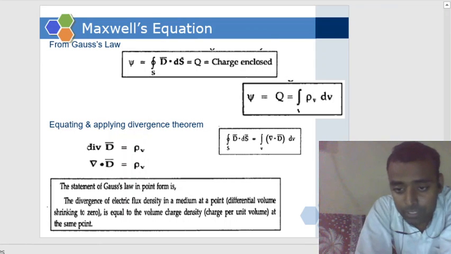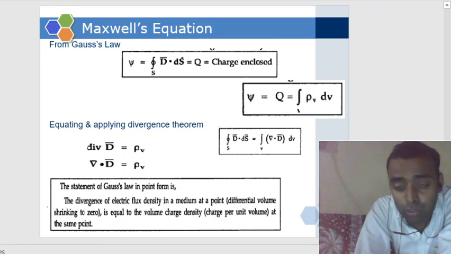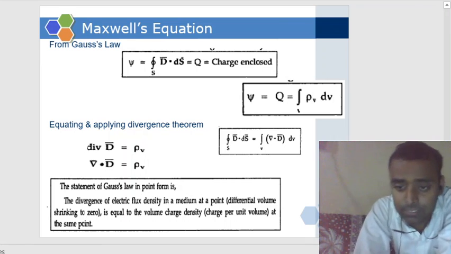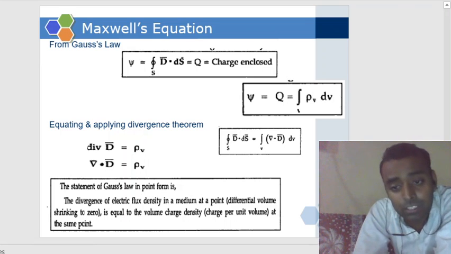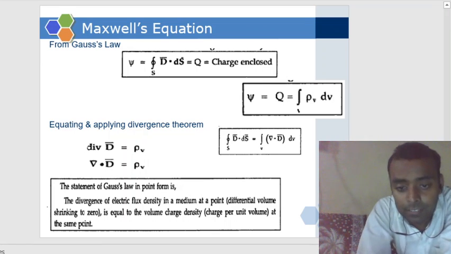So coming back to this, what we will get is the surface integral of D dot dS equal to the volume integral of rho v dv, and we can apply the divergence theorem. The divergence theorem converts this surface integral of D dot dS into the volume integral of del dot D dv, isn't it?